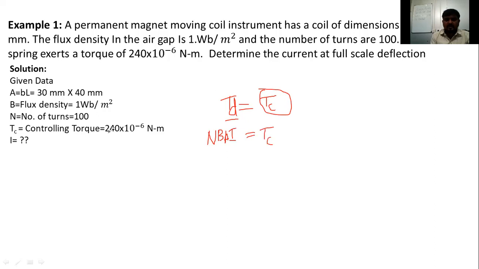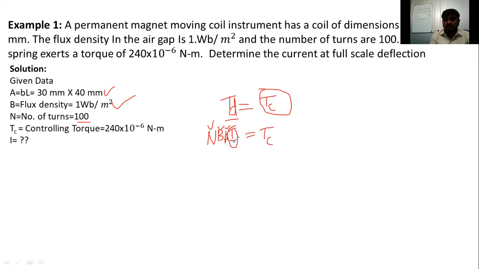So from the given data, check it. N is given, B is given, A the area is given. I is not given, so you have to identify this one.